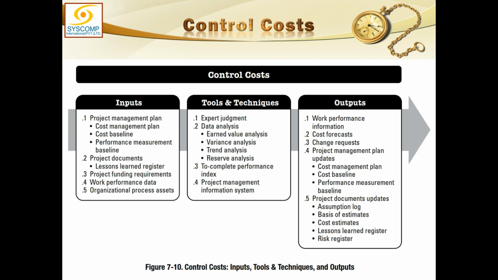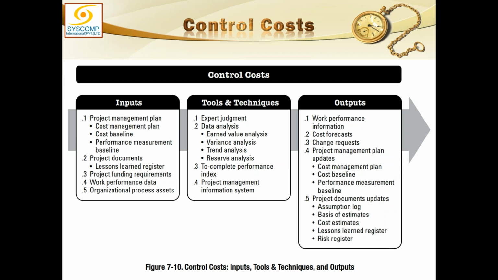And based on that, I would suggest changes to the project to bring it back on track. And there is yet another thing which is called to complete performance index, and ultimately project management information system is also used here. Resultantly, the work performance data we received will be converted into work performance information, which will be sent to monitor and control project work.